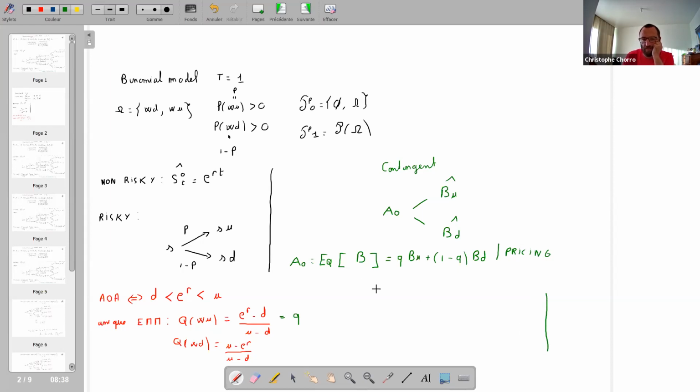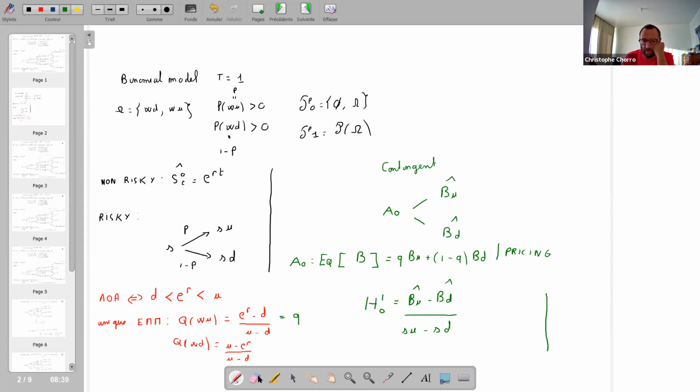In order to hedge, we have seen together that the quantity of risky asset to put in the hedging portfolio between 0 and 1 will be equal to B U minus B D over S1, or I can write it this way directly using my notation, over SU minus SD, that is the difference between the final values of the risky asset.